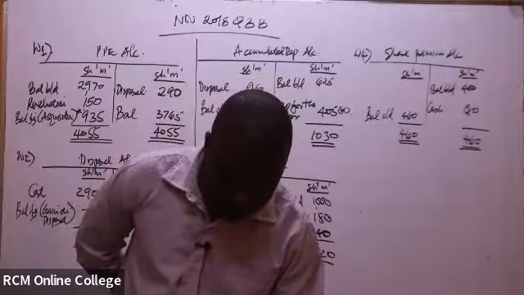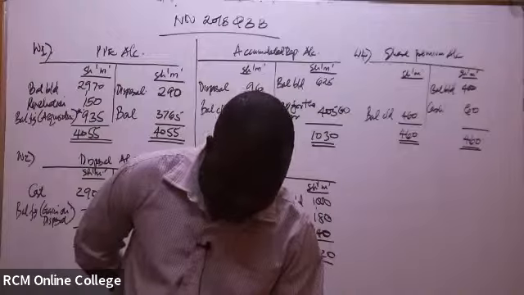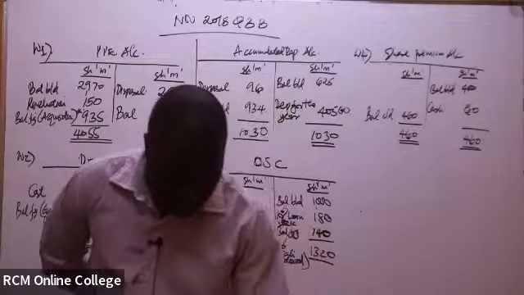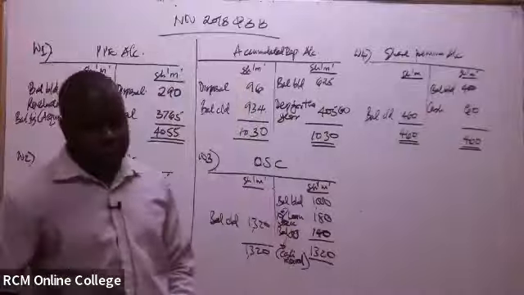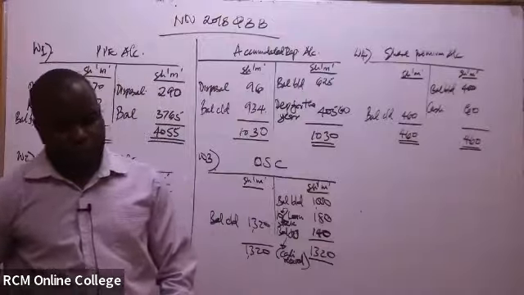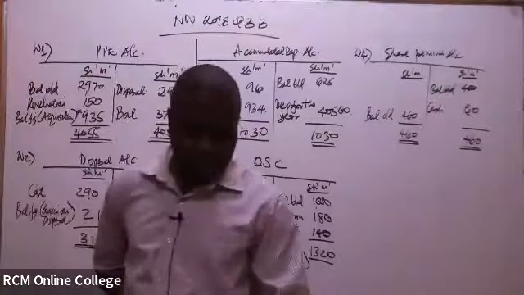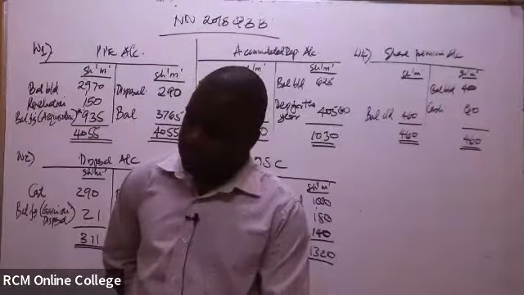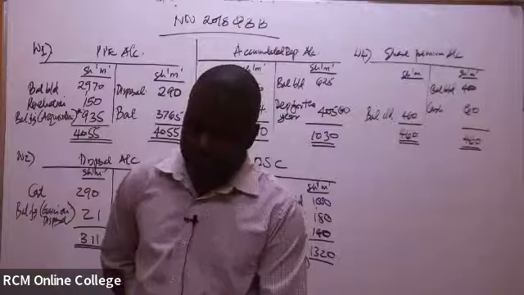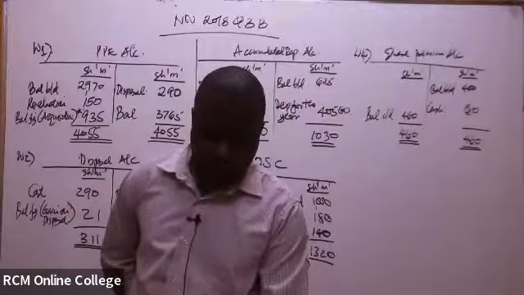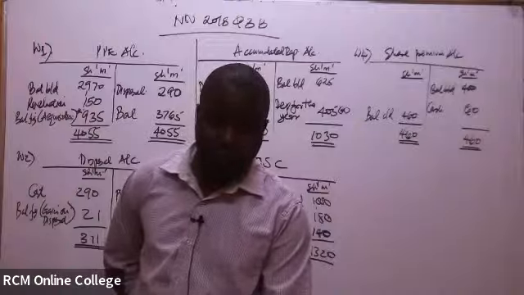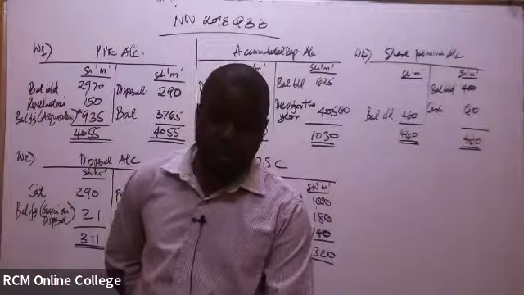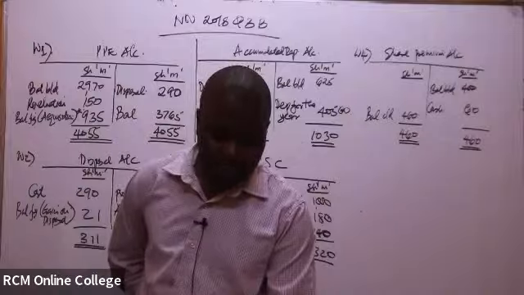And therefore, in this case, you can look at the goodwill. Goodwill at the start of the year is how much? It is 455. And at the end of the year, 432. So it means it had lost value by how much?